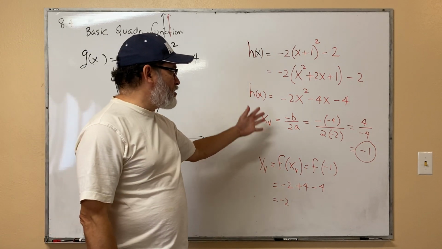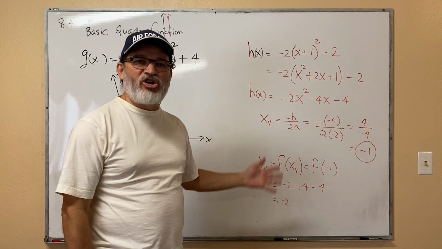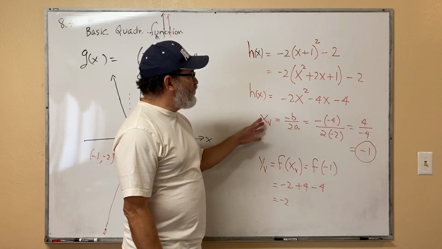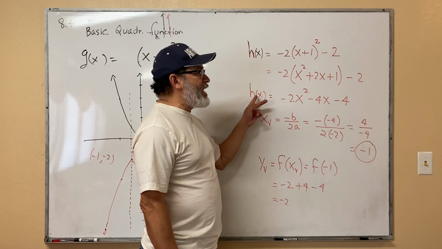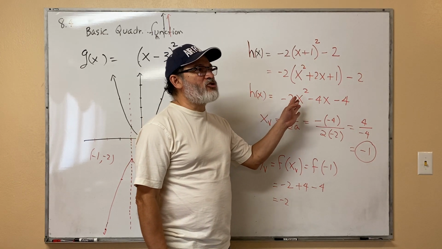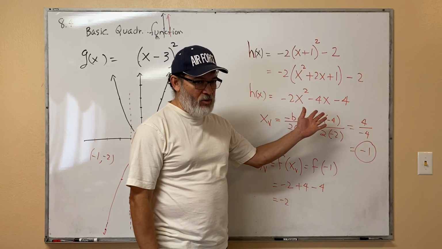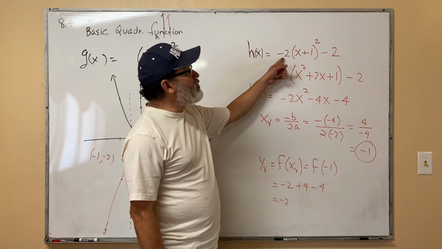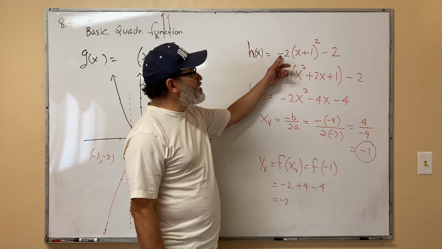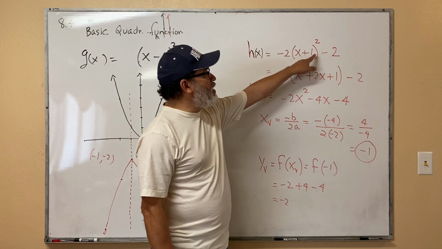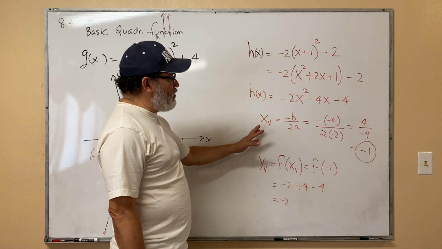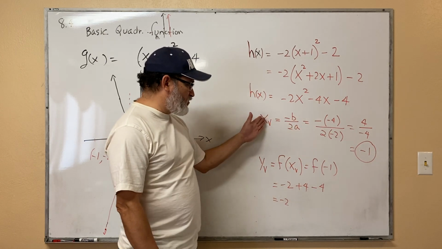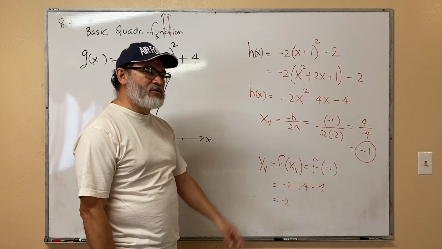So here's another way to find the vertex. You use these formulas if your parabola is given as a quadratic trinomial. If it's given in this form, well, that's easy. -1, -2 is the vertex. If it's given in this form, use this formula to find the vertex.